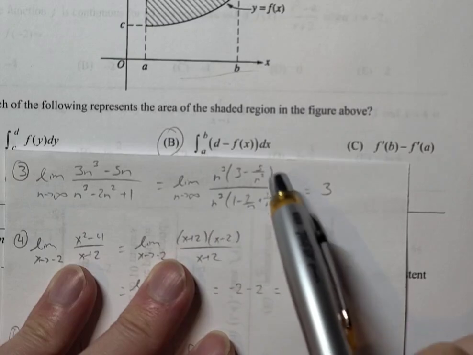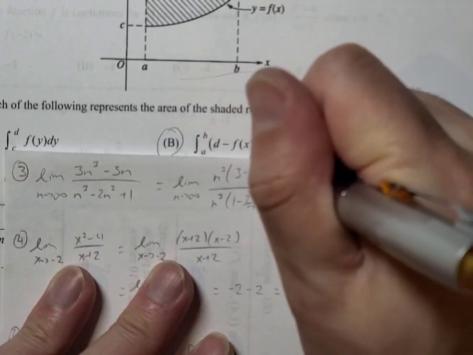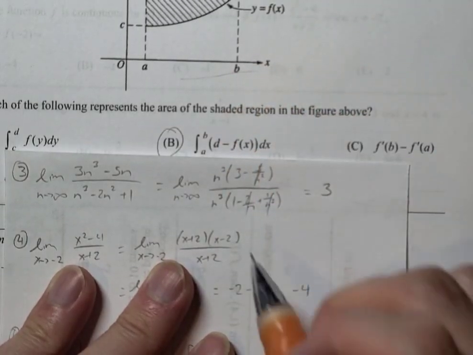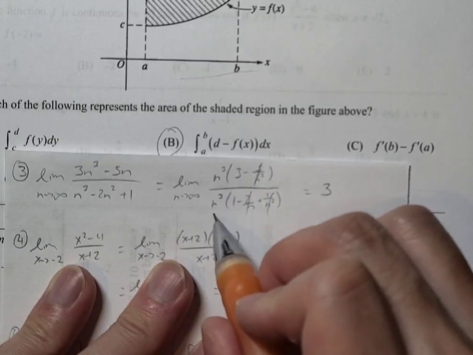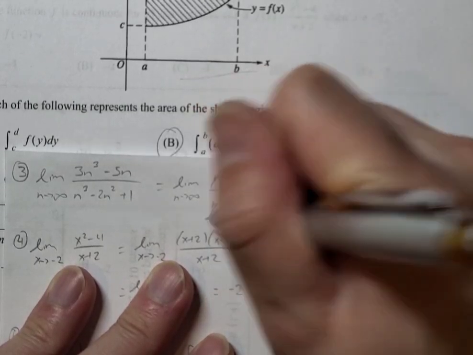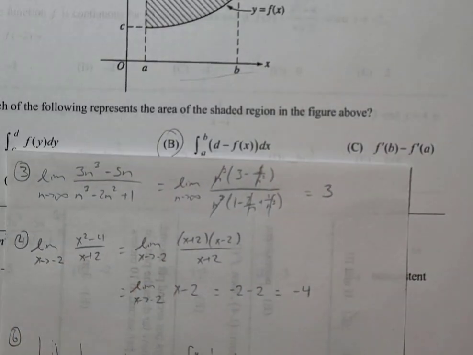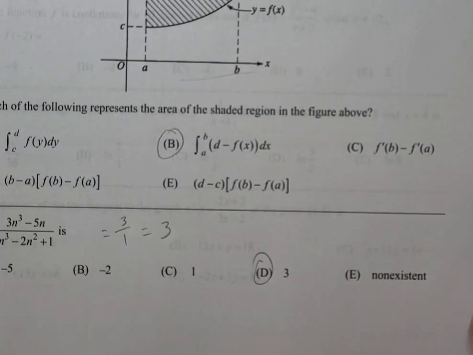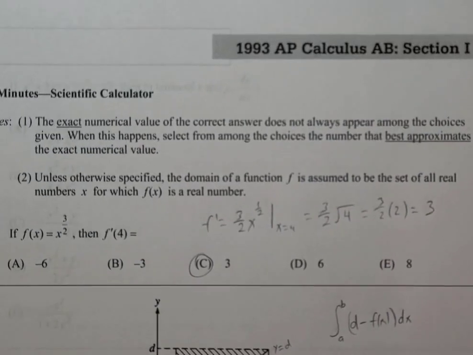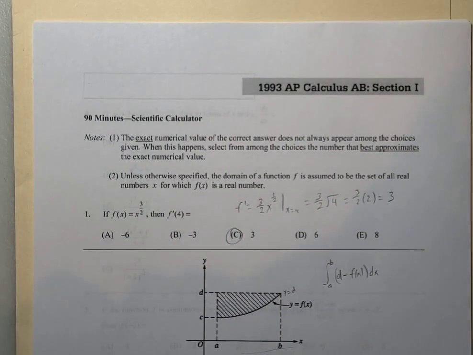As n goes to infinity, this guy would go to 0, this guy would go to 0, this guy would go to 0. N cubed and n cubed would cancel out to a 1. So we're left again with 3 divided by 1, which is just 3. That's how we solve that one the longer way. Let me zoom back out.